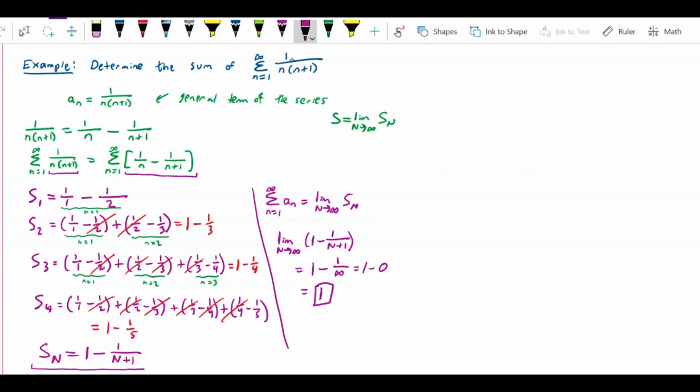So this is our first example where we're adding up an infinite number of terms in a sequence. When we add them up, we call it a series. And even though there are an infinite number of them, we get a finite number, which in this case is 1.